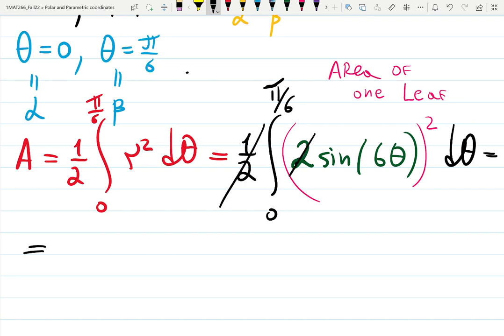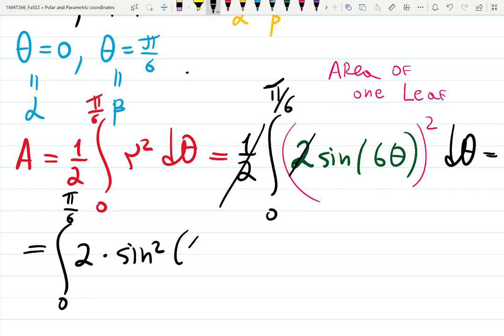1/2 and 2 conveniently cancel out. The integral becomes the integral from 0 to pi over 6 of sine. Oh, it's not 1/2 and 2. It's 2 squared, which is 4, and sine squared. I will skip this step and just keep 1, 2 over here.